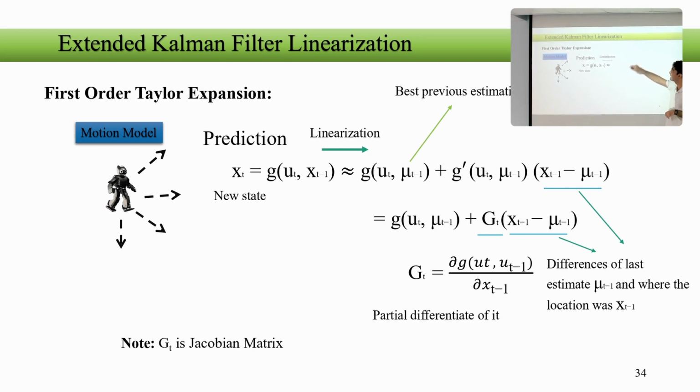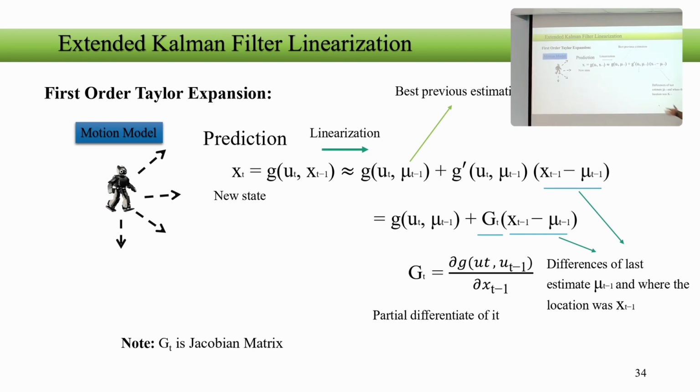In order to linearize it in the extended Kalman filter, we use the same concept. So we replace this term over here by writing it in linearized form. How is that happening? By changing this xt-1 to g of ut, xt-1, that is the previous estimation that we have, added by this term over here that actually does the linearization.